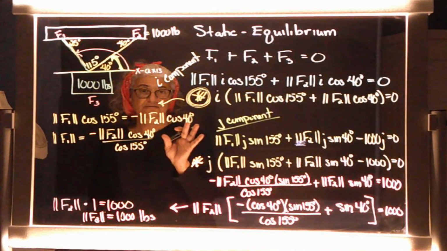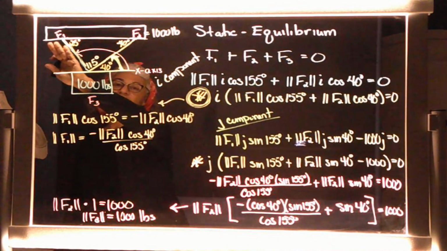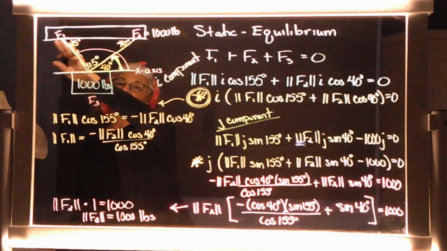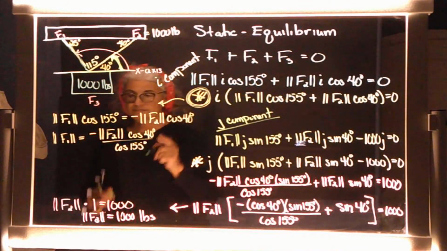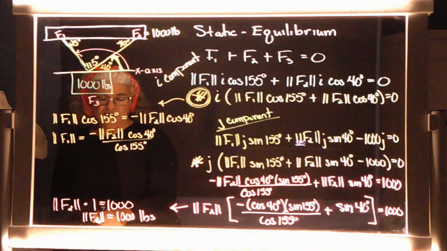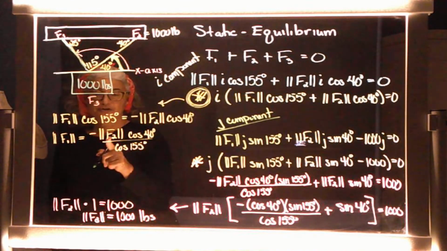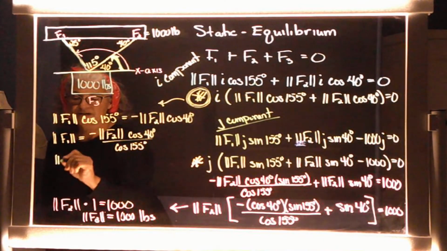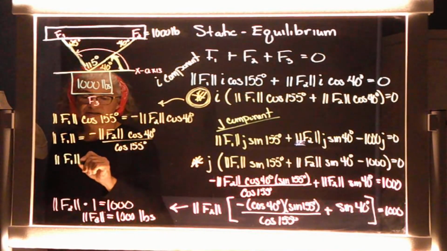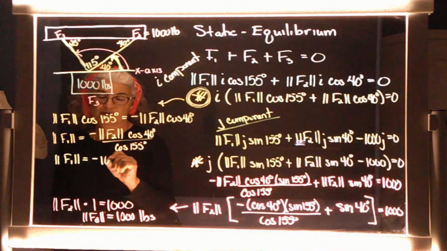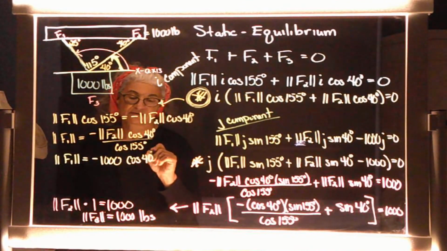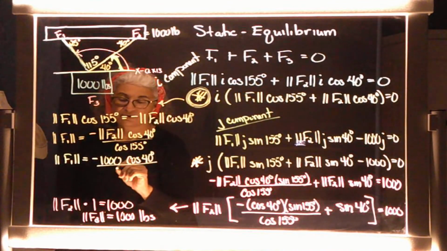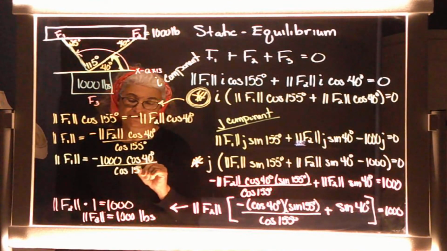But I still need to know the tension on the left cable, the F1. I know the magnitude of F2 is 1,000 pounds, don't I? So the magnitude of F1 is going to be equal to negative 1,000 times the cosine of 40 degrees all over the cosine of 155 degrees.